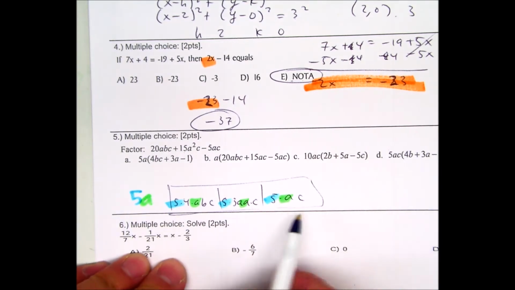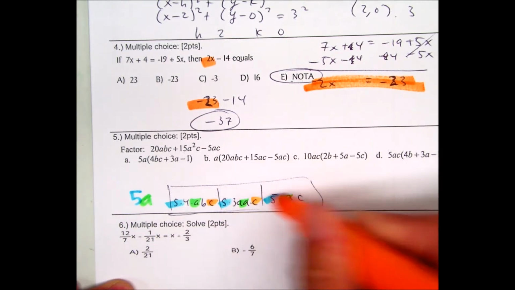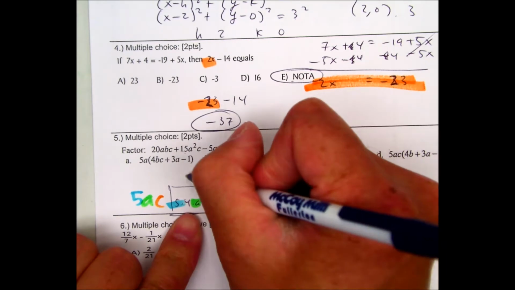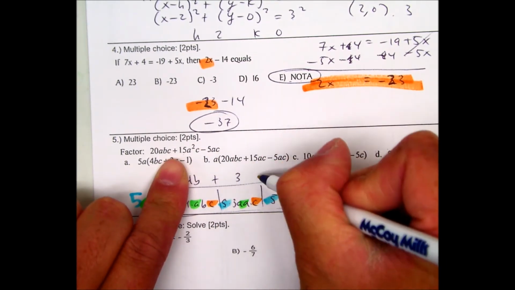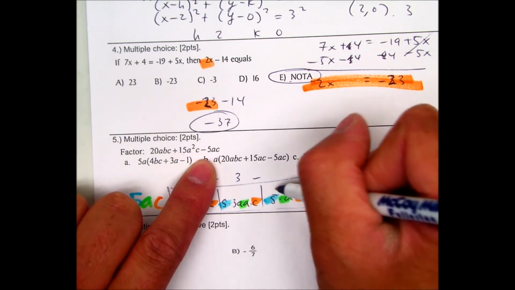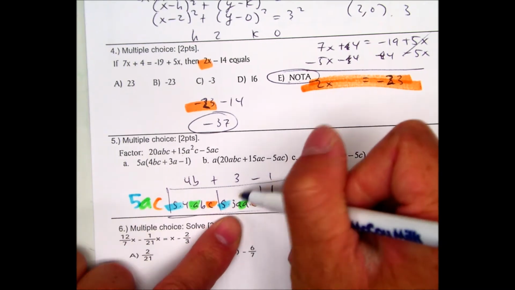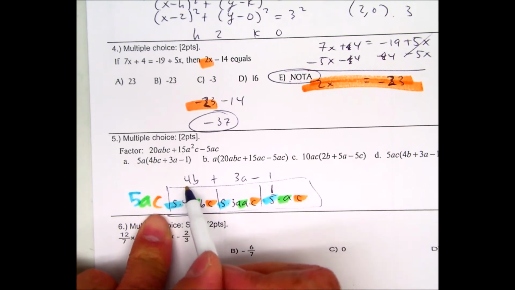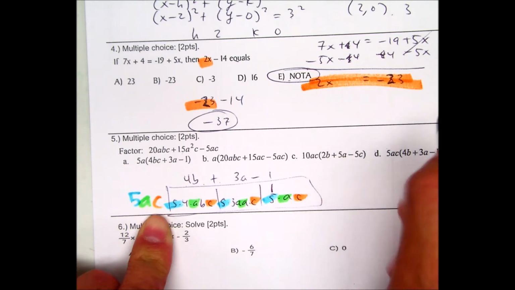And then I'm looking, I see a C. And then what I did not highlight, so 4B, and then go back to the original math operations, plus, that's a 3, minus. There's nothing here, okay, so a lot of students think there's nothing there. There's always a factor of 1. So 5AC times 4B plus 3A minus 1. And that'll be choice D.